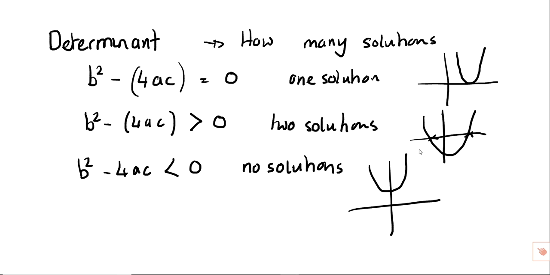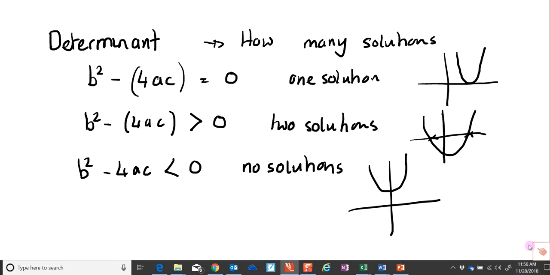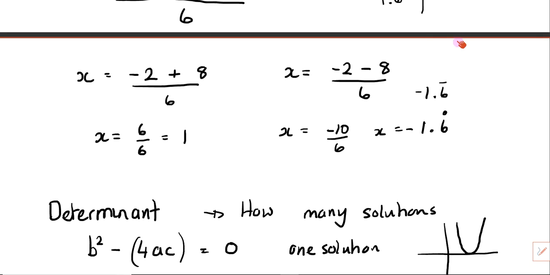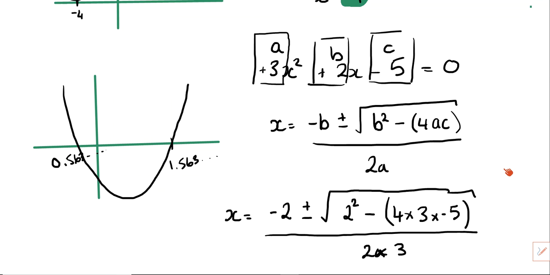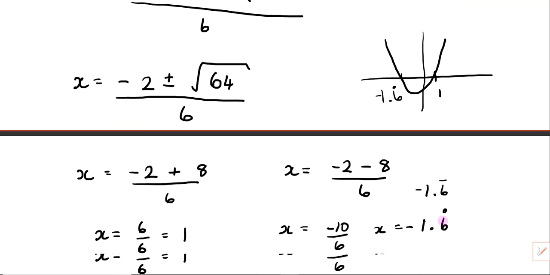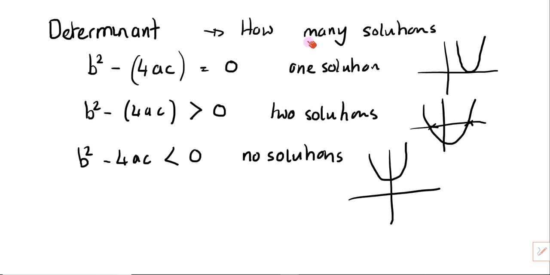Before that, go back to the formula. You've written the notes. Where's the determinant in the formula? It gets square rooted. All right? So the determinant gets square rooted.